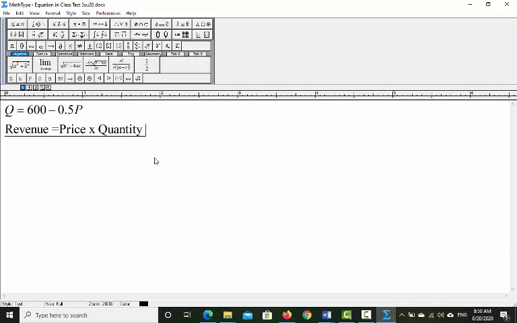Here price means P and quantity means Q, right?